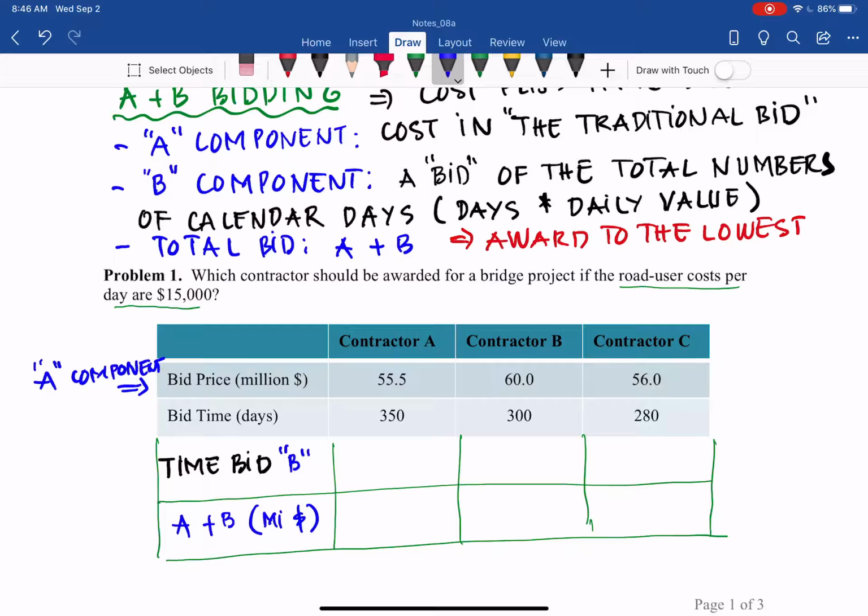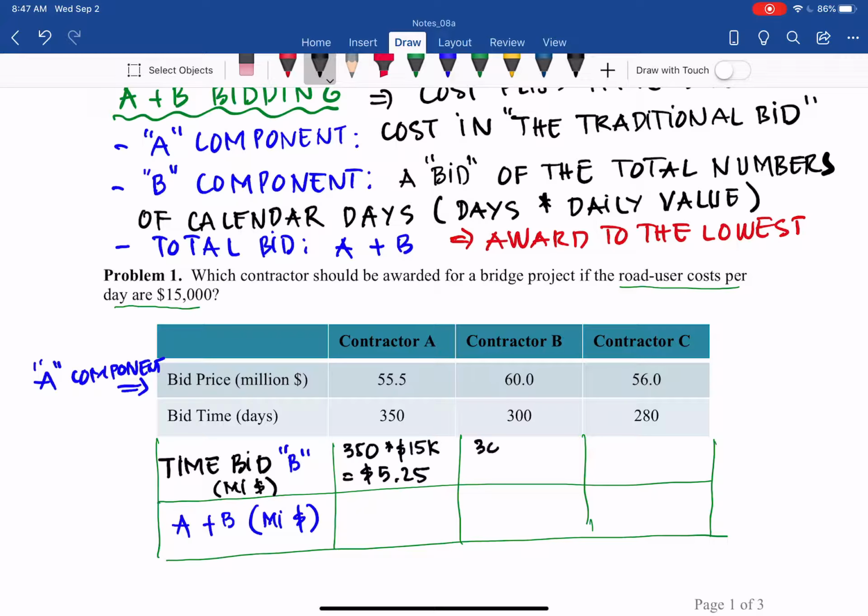So in this case, for contractor A, we have 350 days times the daily value, which is 15,000 per day. So that is equal to 5.25 in $1 million.